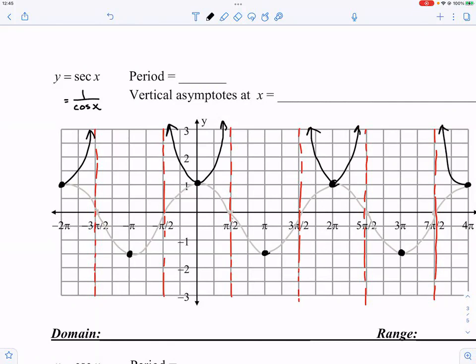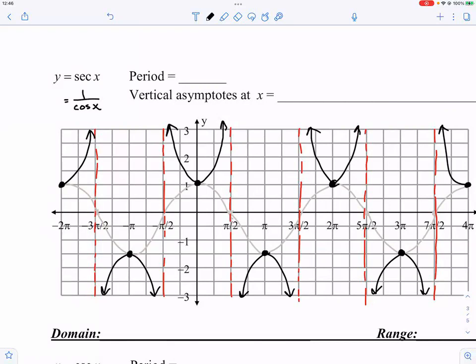Okay. And on the flip side, for the bottom part, if the denominator gets smaller or closer to 0, then the overall fraction becomes closer to infinity. Well, because there's a negative sign, it gets closer to negative infinity.